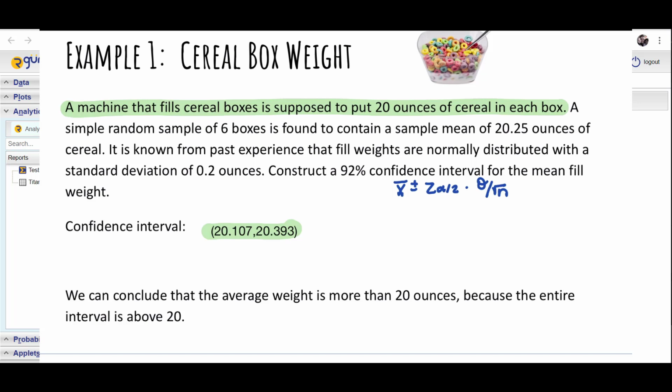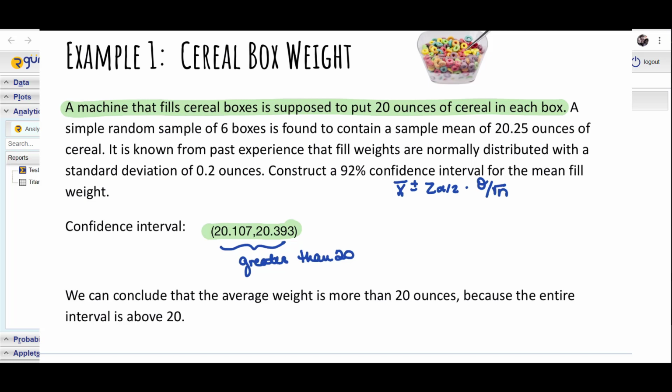So what we can look at here is this entire thing, it's greater than 20. The whole thing is greater than 20. And again, this is an estimation of what the true mean fill weight is. So we're estimating that the true mean fill weight is anywhere between 20.107 and 20.393. So that entire range where the true mean, we believe it really is, that whole thing is greater than 20.